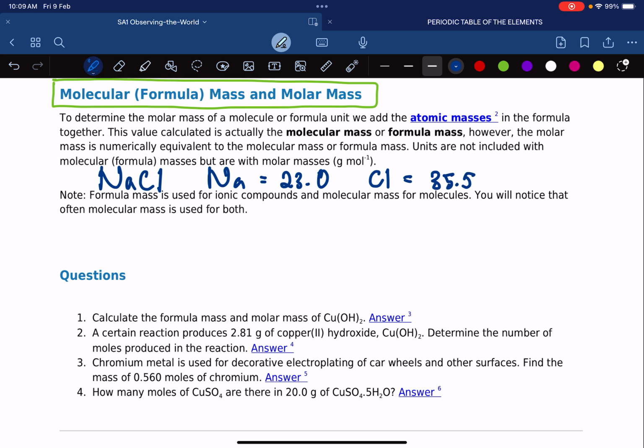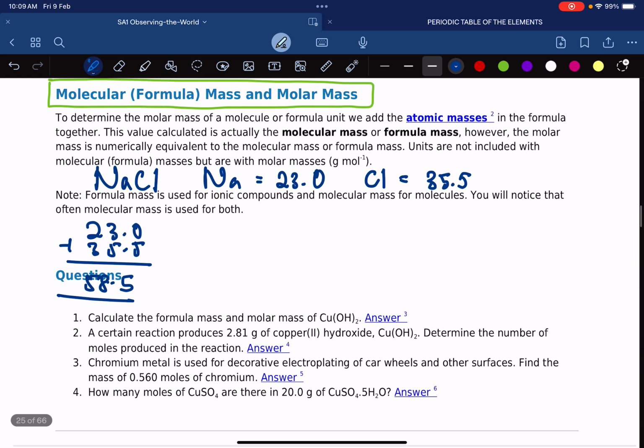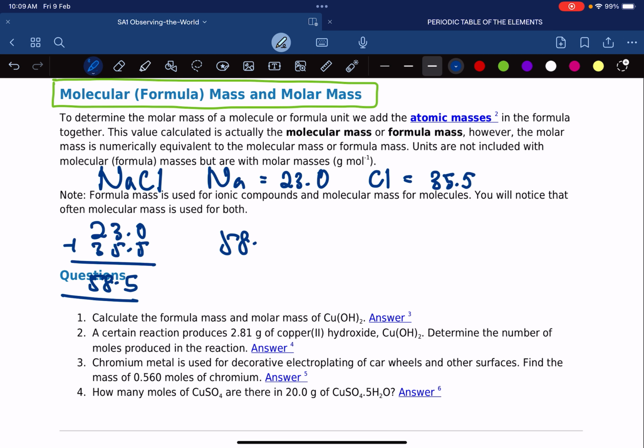So if I have been asked to find the molar mass, I'll just take 23.0 and add it to 35.5. I will get 58.5. But if I'm writing it as molar mass, I will write it as 58.5 gram per mole, because whenever I refer to molar mass, I need to write the units.